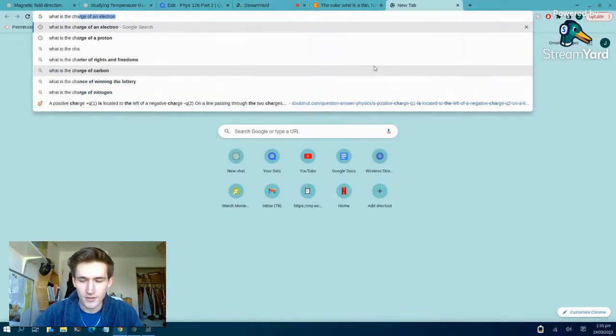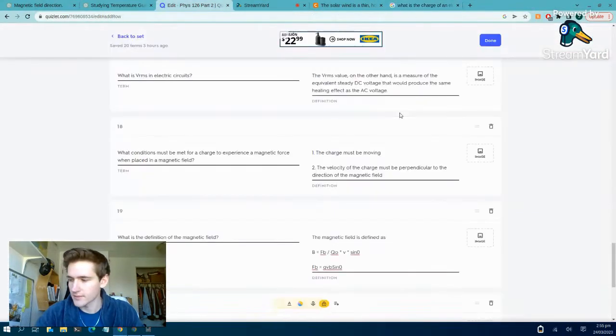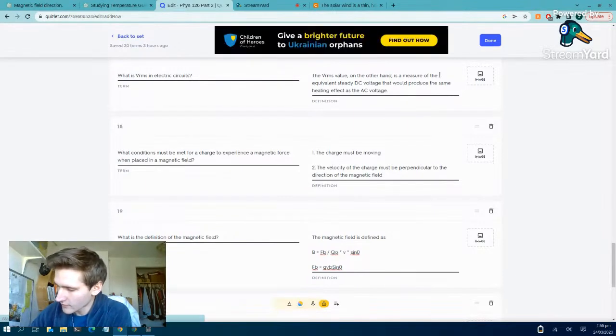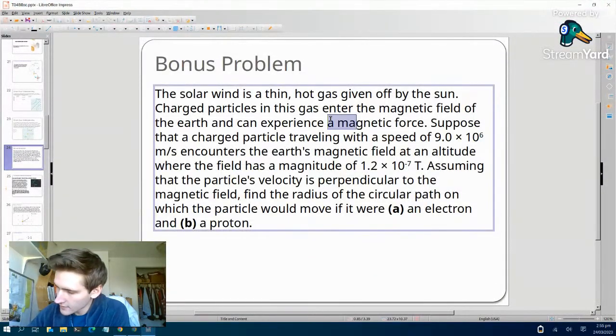What is the charge of an electron? 1.602 times 10 to the negative 19.